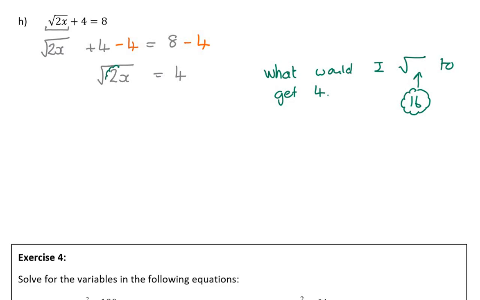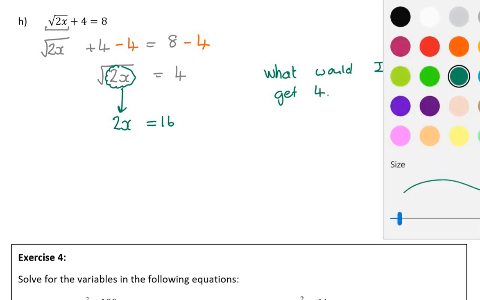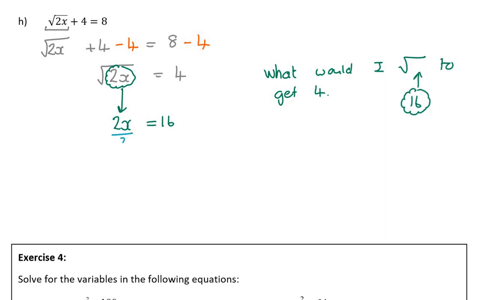So whatever's under the square root sign has to equal 16. This 2x has to equal 16, so that when you square root 16, you will get 4. Then I would divide by 2 on both sides, and I'd get x is equal to 8. Now let's go check. 2 times 8 is 16, and the square root of 16 is 4, and so it works out. So I like that type of method in grade 8.